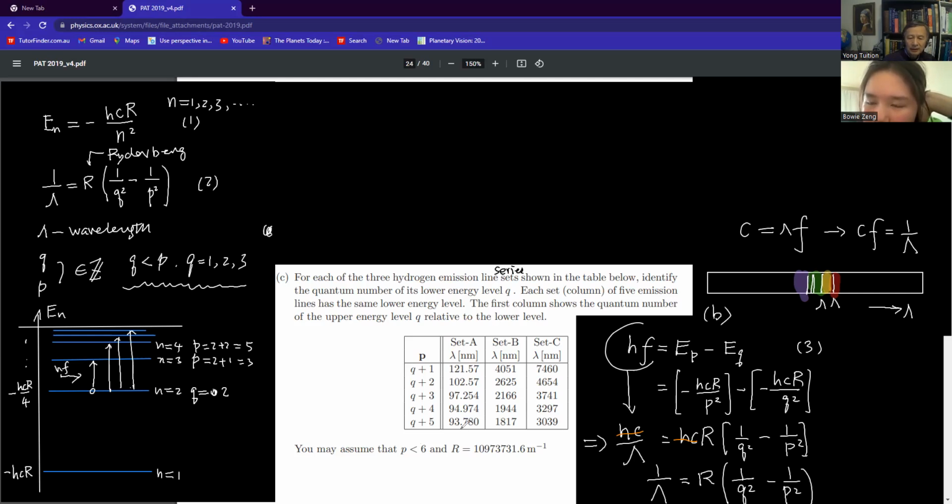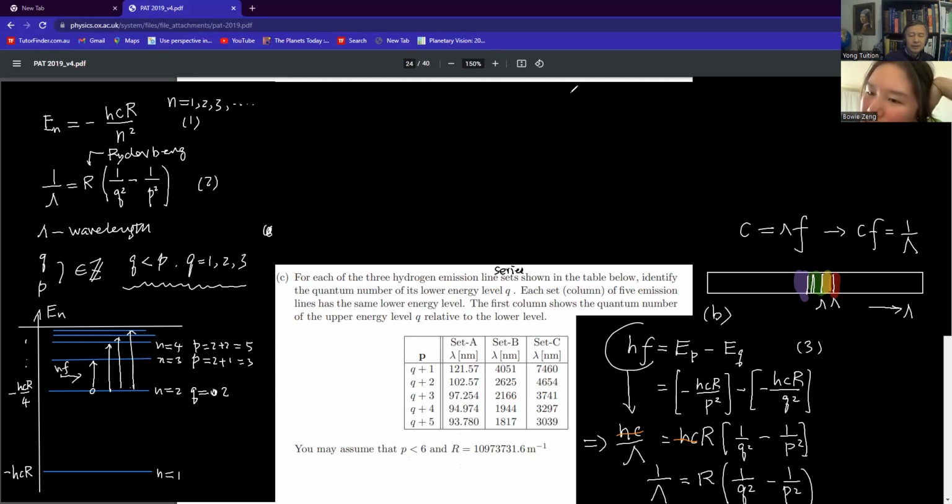P is 5, so Q is less than 5, do you agree? But if Q is equal to, for example, 4, then Q is at the very bottom of the graph, and the P value will be 9.